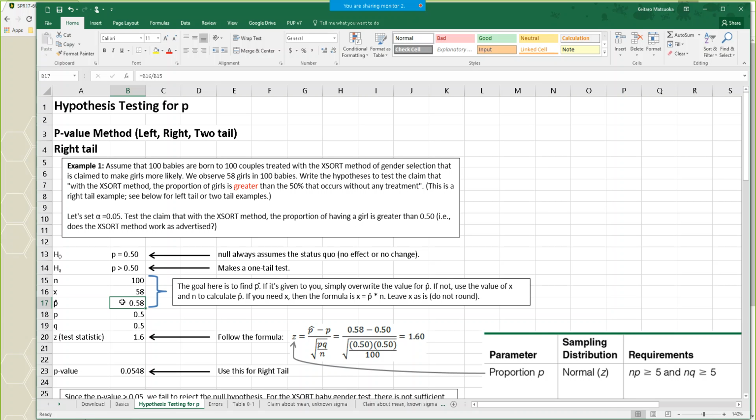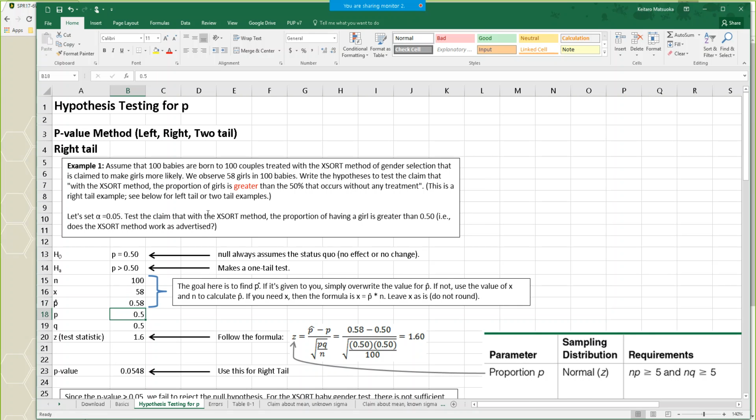That's one thing that people get confused about: what's the difference between p hat and p? P hat is the observed number, meaning that's the number you had to manually calculate from the problem. In this case, 58%, 58 divided by 100. P, not the p hat, is the historical or given value.